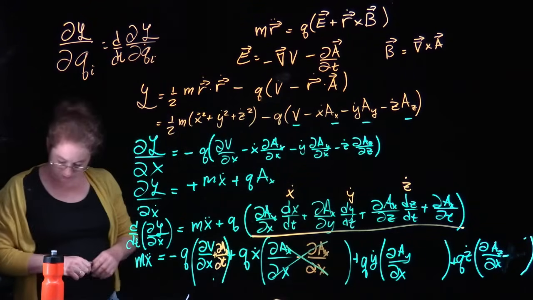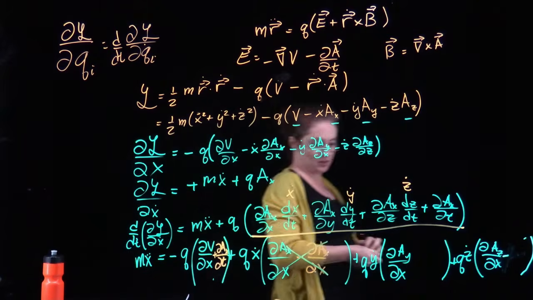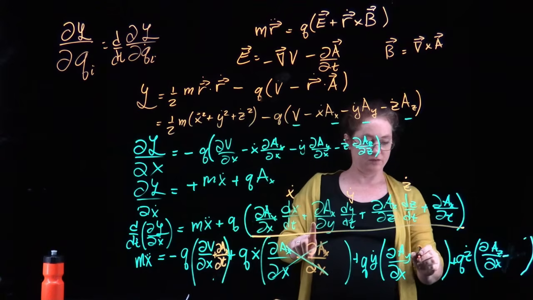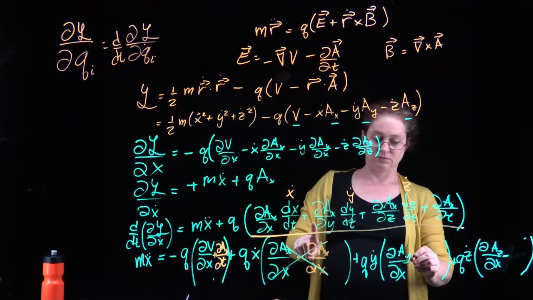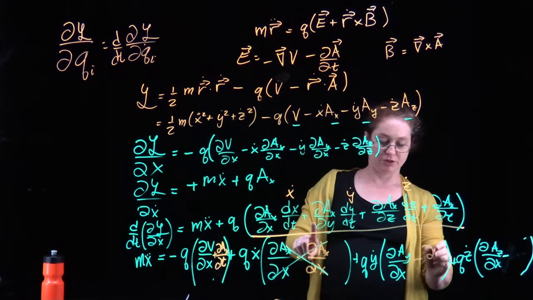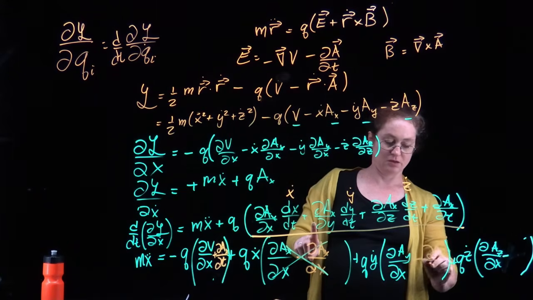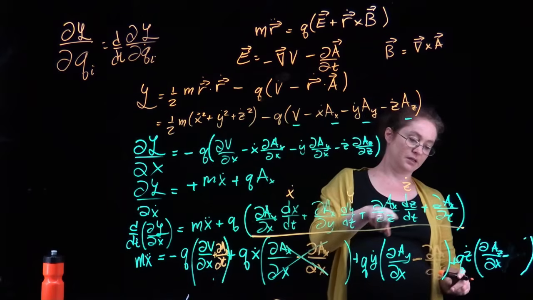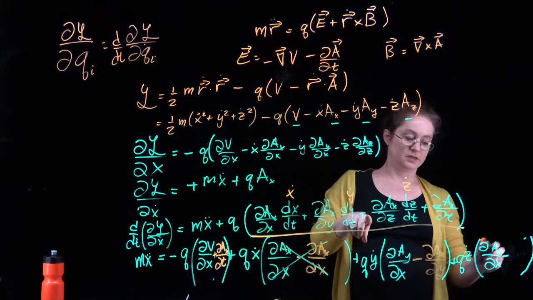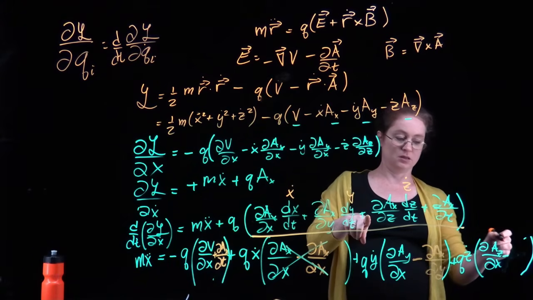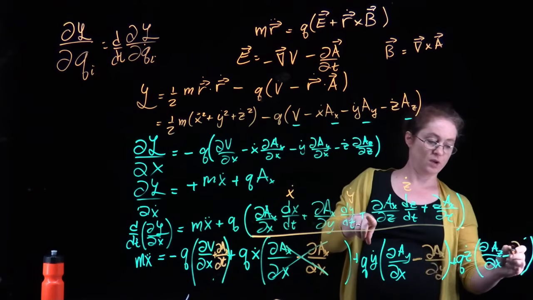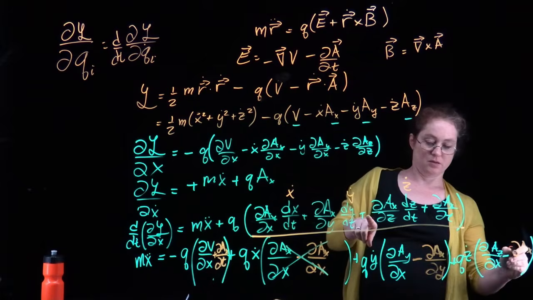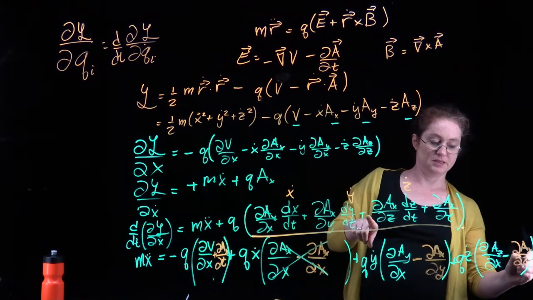All right. Then our y dot terms, this becomes negative. So I have a negative partial ax partial y. And then here, this is negative as well. So I have a partial ax, partial z.